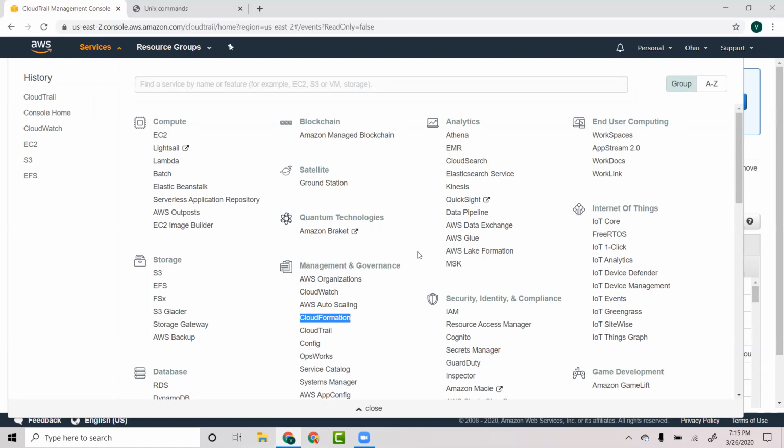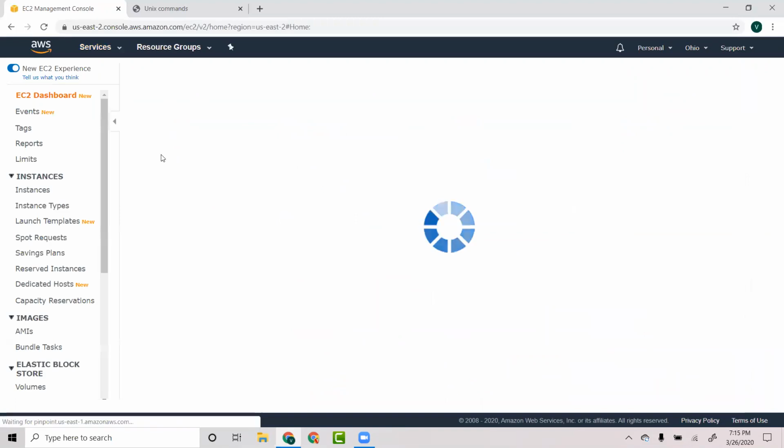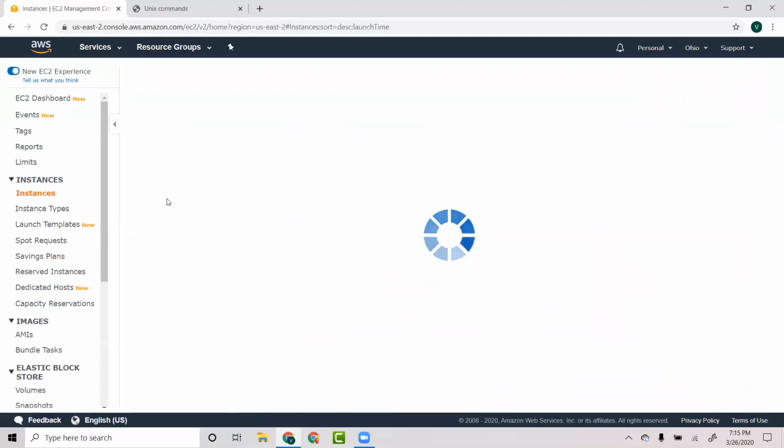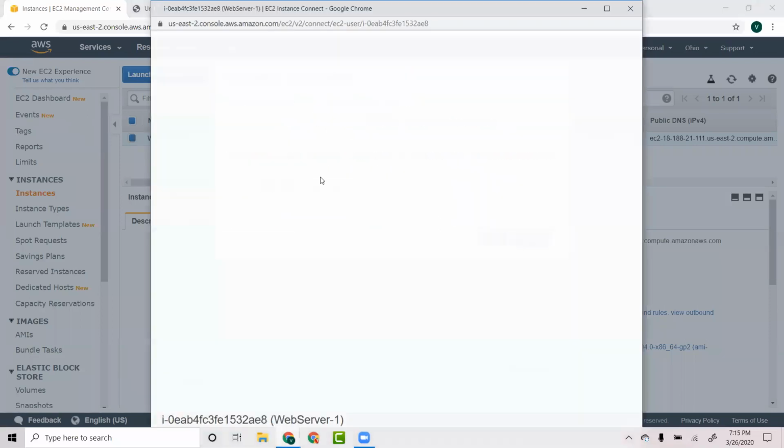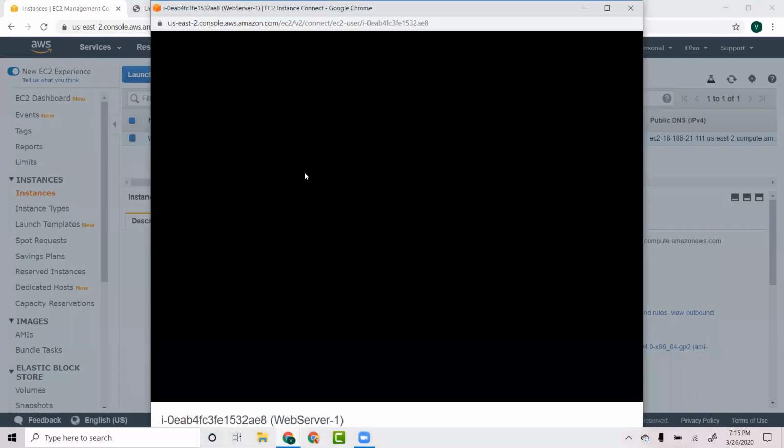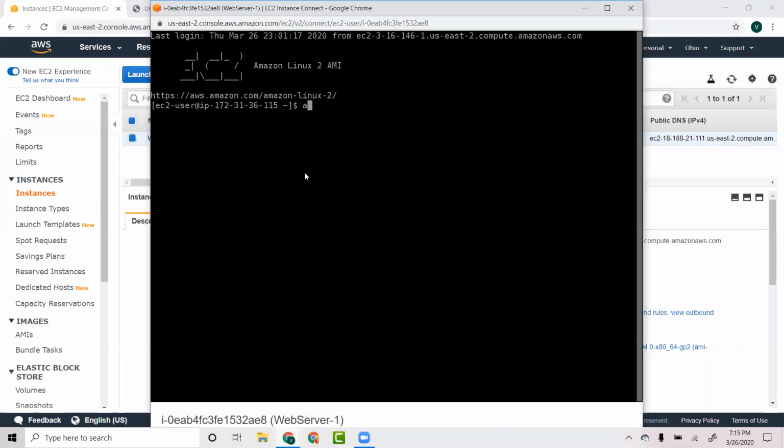Is your instance there? Let's see, I might be able to show you. There you go. You can use this command called aws and then s3.